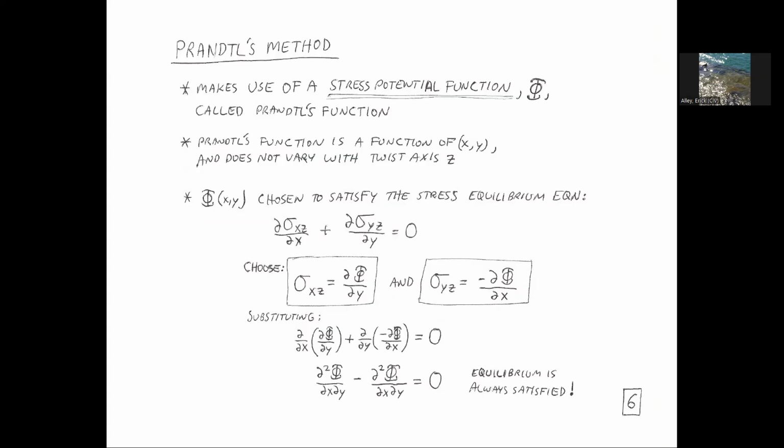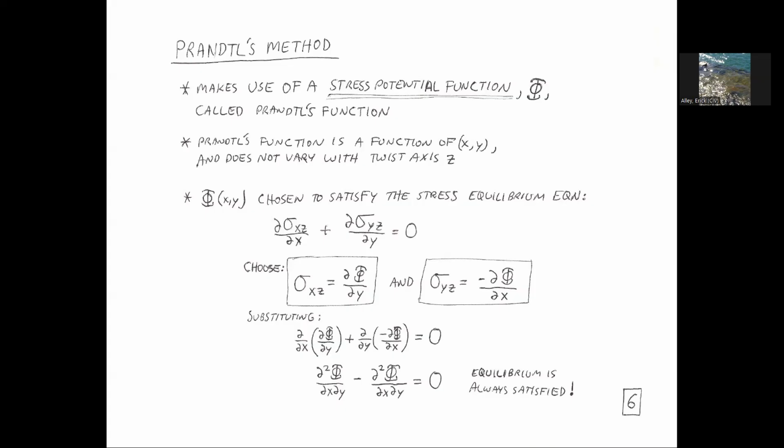Now, Prandtl's method is going to say we're going to choose a stress potential function. And you might have heard this capital phi sometimes called an Airy stress function. There are things like a thick cross-section beam that use an Airy stress function. In this case, it's going to be a Prandtl stress function. But a stress function is a function we choose, and the derivatives of it are going to give us our stresses.